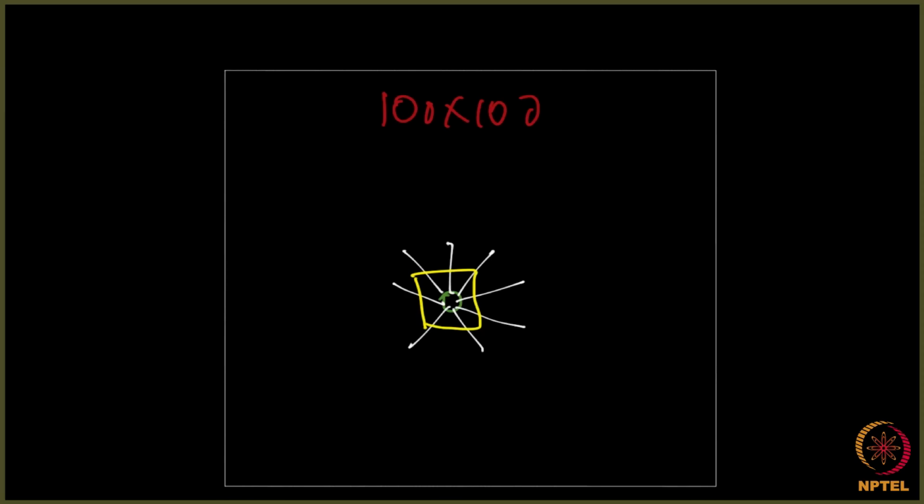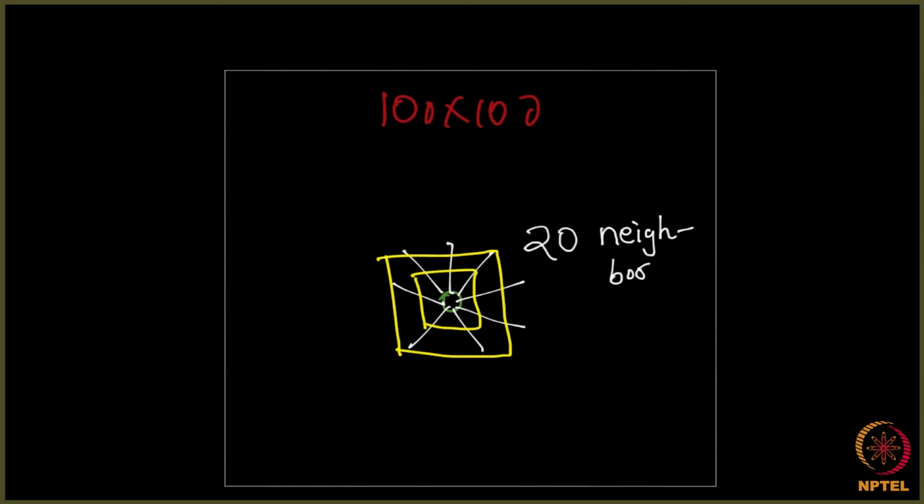So all these people, and maybe at 2 levels, 1, 2, 3, 4, 5, 6, 7, 8. Let's say some 20 nearest neighbors. Okay, this is the homophily part.